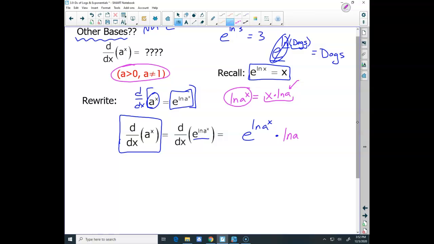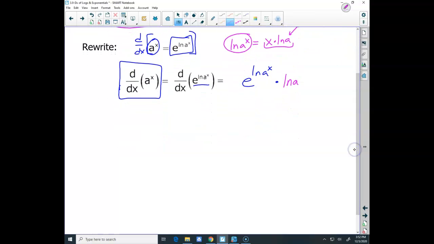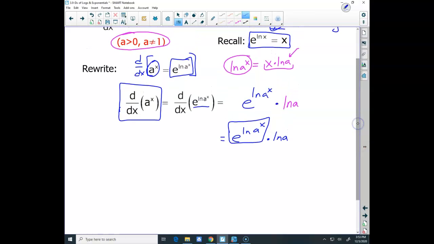And as I continue to move along here, okay, well, e to the ln a to the x times ln a, well, what does this actually equal? Well, we came back here in the beginning and we said e to the ln x, hey, that's the same as a to the x. So this is just a raised to the x times ln a. And that is what the derivative of a raised to the x is, okay?